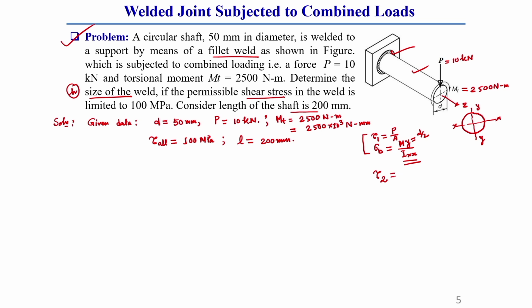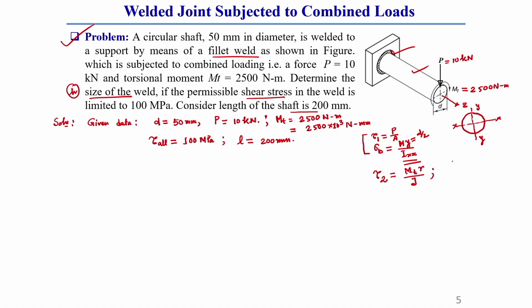This tau 2 you can write as MT r divided by the polar moment of inertia J. I have already explained in detail how it comes during the concept of pure shear: tau by r is equal to MT by J is equal to G theta by L. This idea is very well known to you.